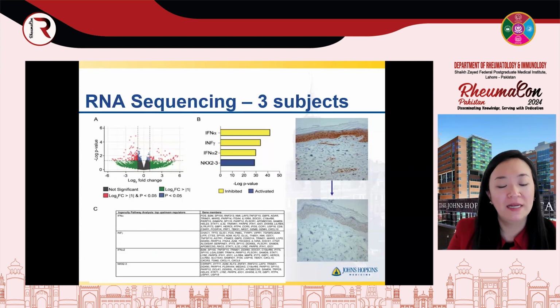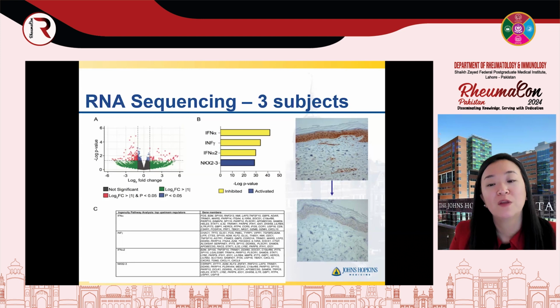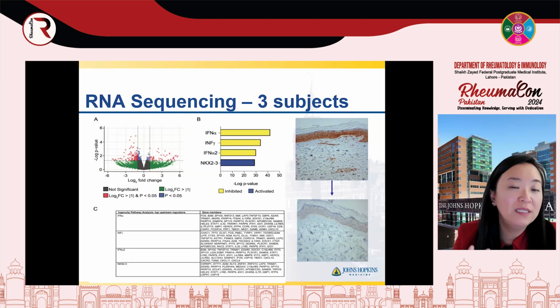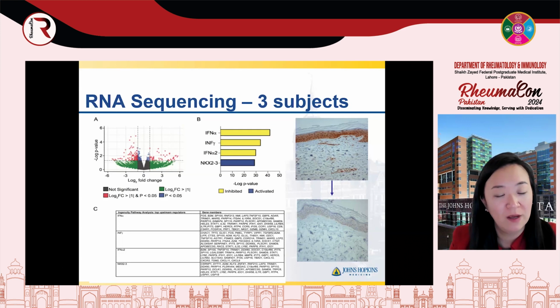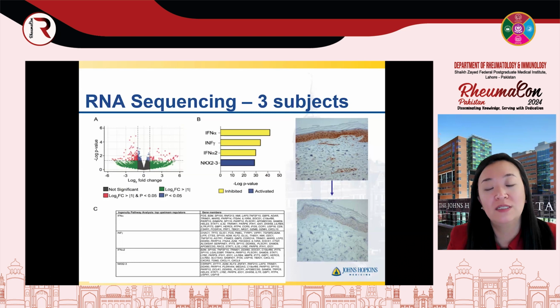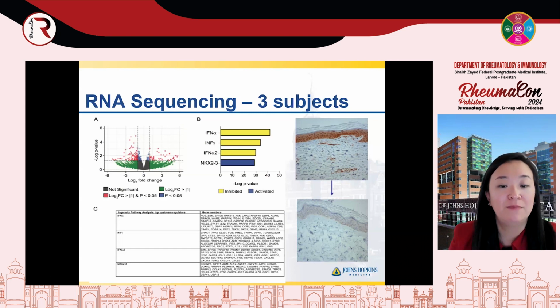We were able to obtain a little bit more mechanistic information, because to really ensure what is going on, are we really downregulating type 1 interferons, and is it doing a good job? So we took a deeper dive and did pathway analysis and RNA sequencing analysis on these patients.